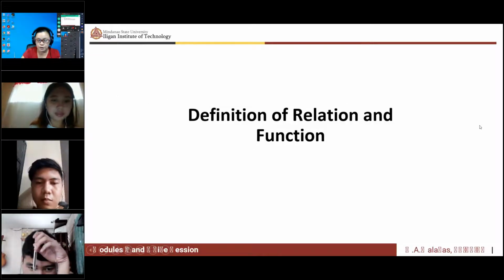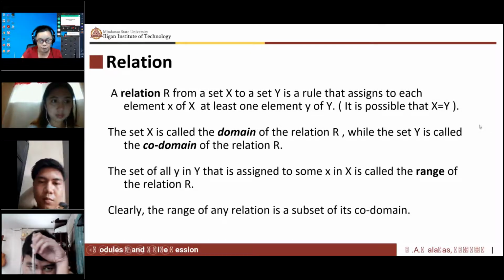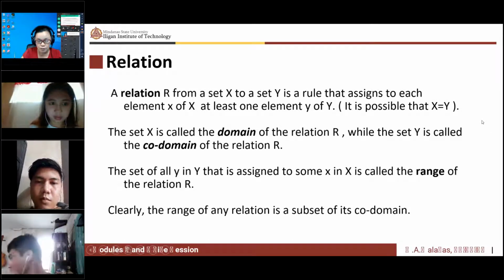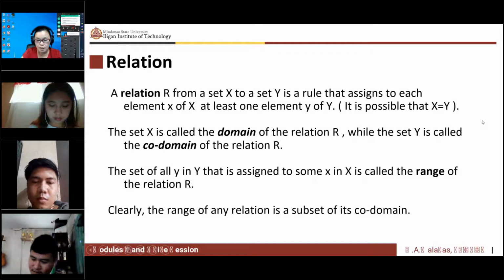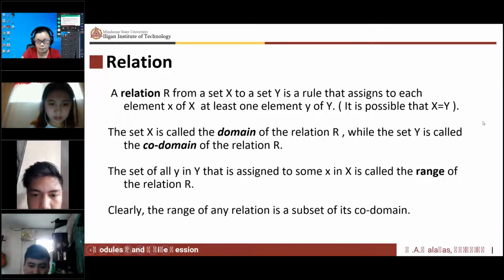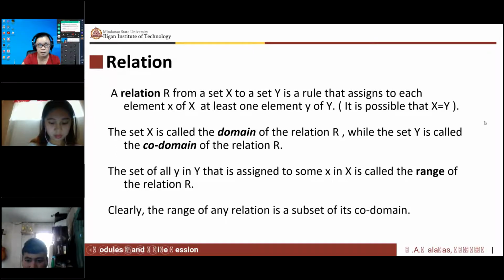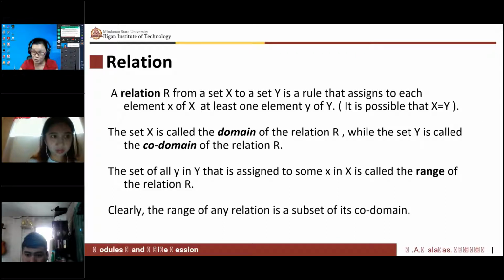Let's go to the definition of relation and function. A relation R from a set X to a set Y is a rule that assigns to each element x of the set X at least one element y of the set Y. And it is possible that X is equal to Y. So you can think of the relation as your relationship with your special someone.